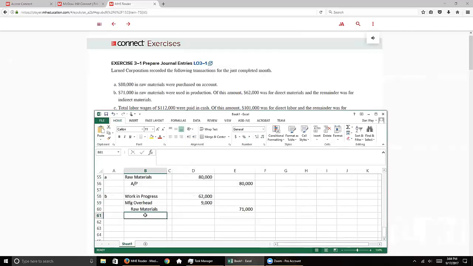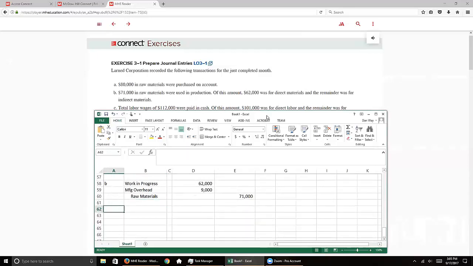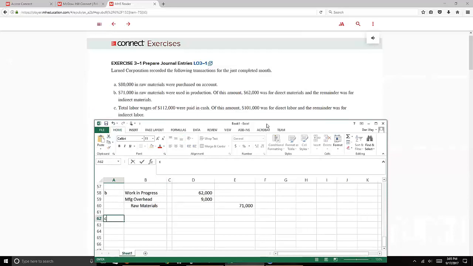Again, anything I'm doing now to account for cost, I need to pay attention to whether it's a direct or indirect cost, and that'll affect whether it hits manufacturing overhead or work in process directly. So if I move ahead to C here, a similar situation, but this time using labor.